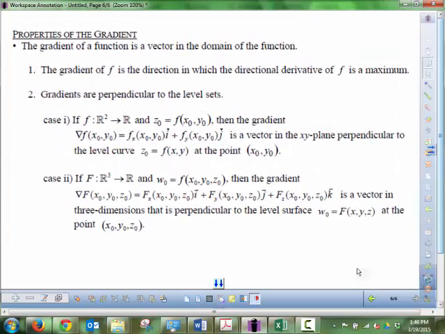Again, little f and big F. The gradient of little f is a direction in which the directional derivative of f is a maximum. We saw that. Remember, if you're walking up on a hill and you point your compass in the direction of the gradient and you walk towards that direction on that hill, you're going to be climbing the steepest direction.